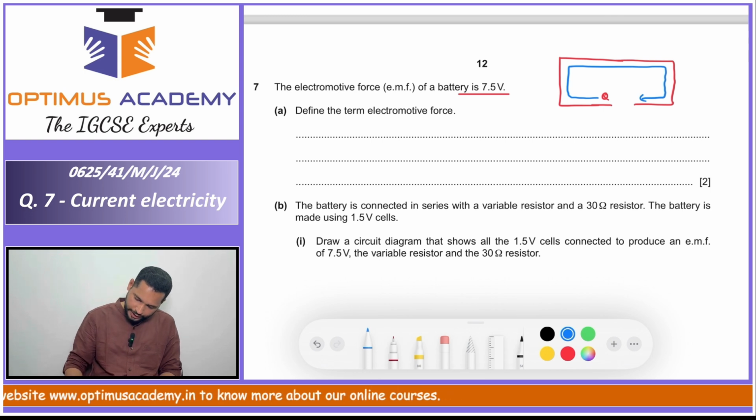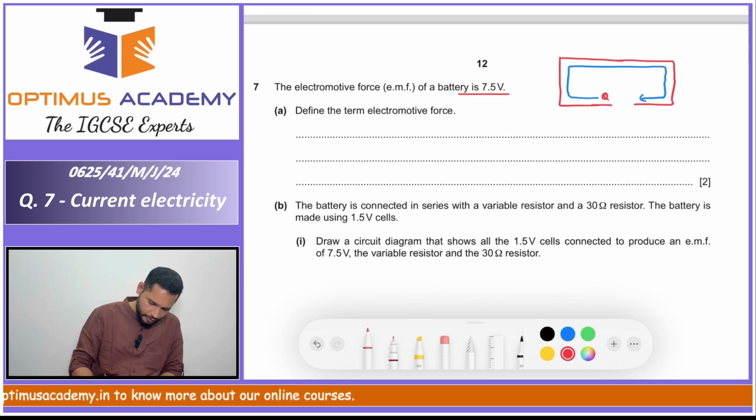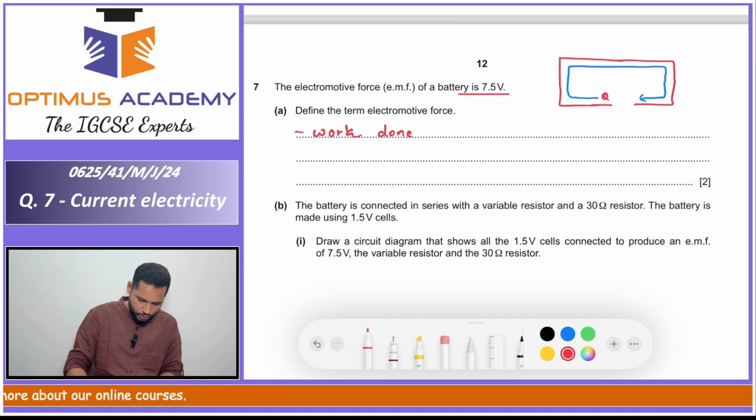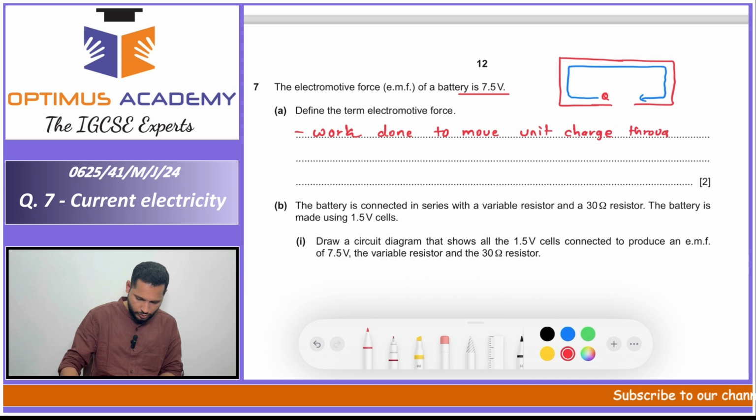So how will we define electromotive force? It is work done to move unit charge through the circuit.